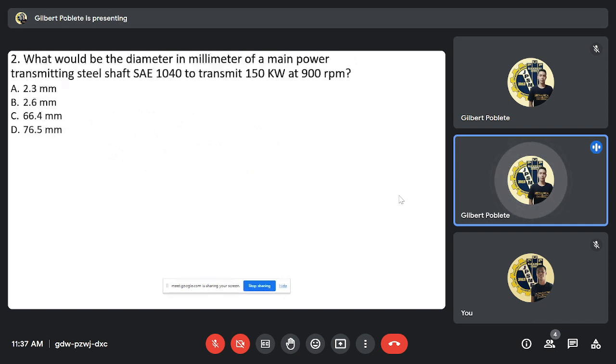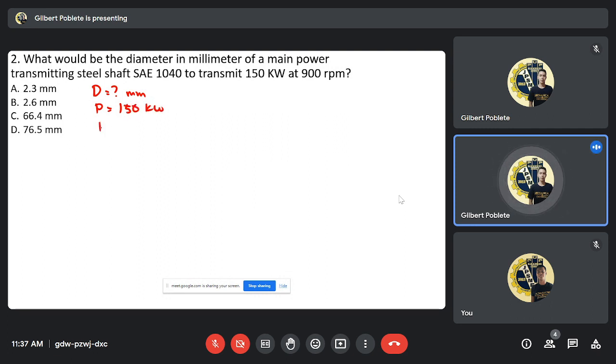So, dito, what would be the diameter in millimeter of a main power transmitting steel shaft SAE 1040 to transmit 150 kilowatts at 900 RPM? So, dito, hinahanap natin is diameter in millimeters. Tapos, meron tayong power na given na 150 kilowatt.